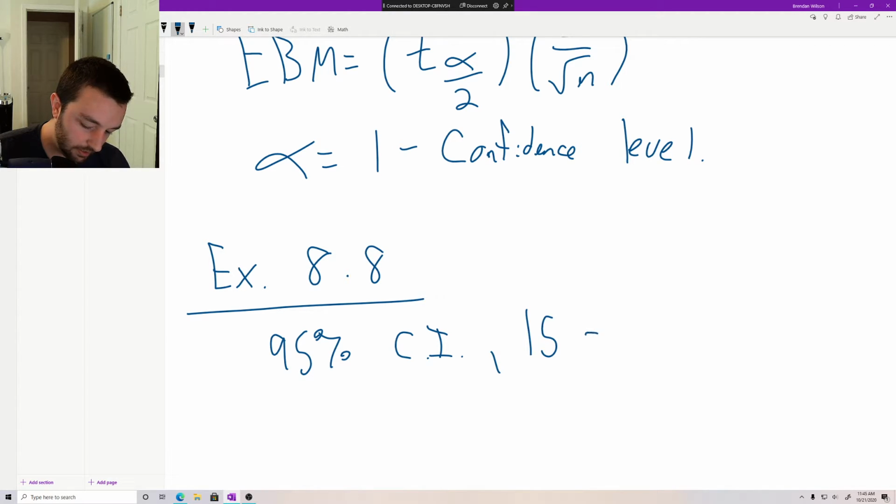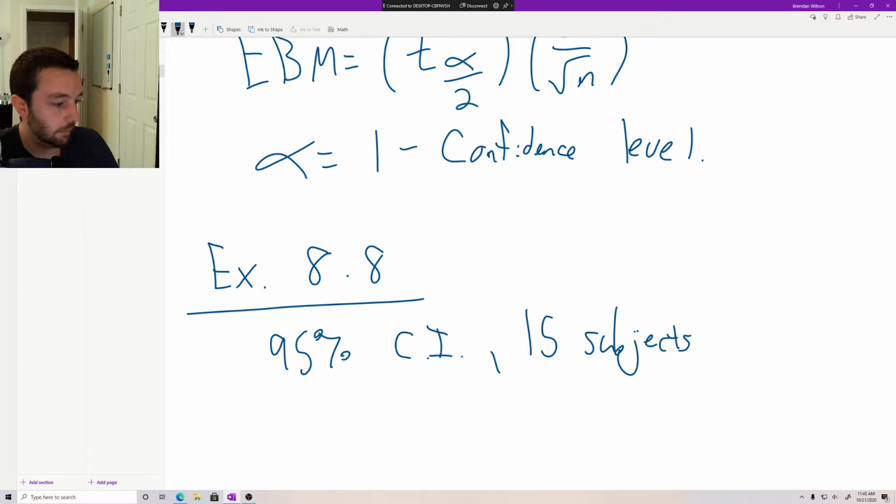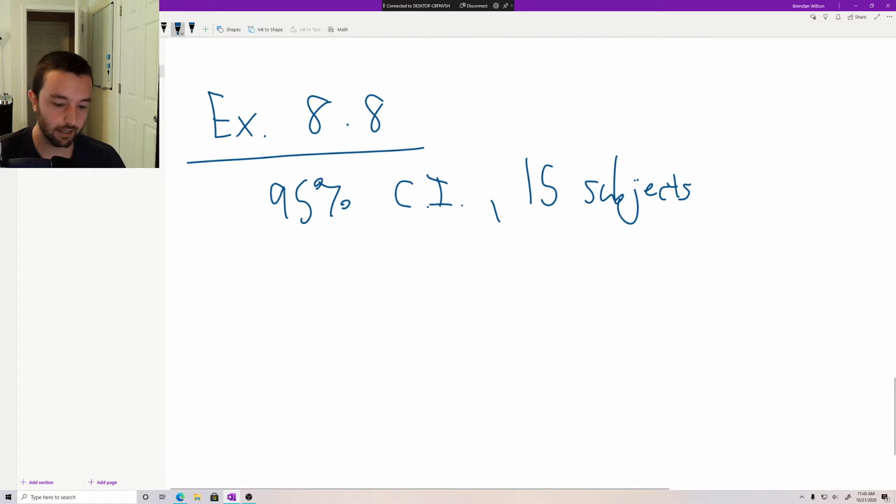We have 15 subjects. Let me just read out the whole problem here. Suppose you do a study of acupuncture to determine how effective it is in relieving pain. You measure sensory rates for 15 subjects with the results given. Use the sample data to construct a 95% confidence interval for the mean sensory rate for the population, which is assumed to be normal, from which you took the data. And here is our data.